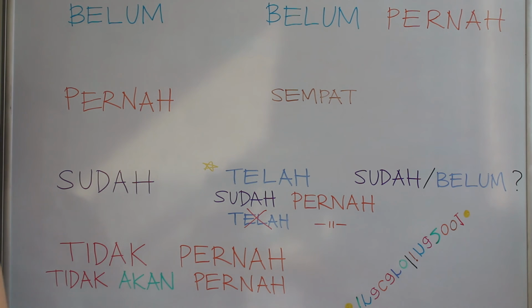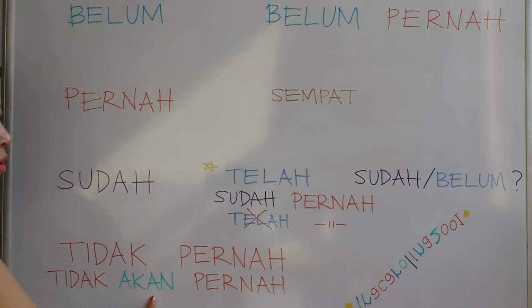Tidak pernah. Tidak is no or not. Pernah is ever. So tidak pernah is never. And we also put akan. Akan is will.